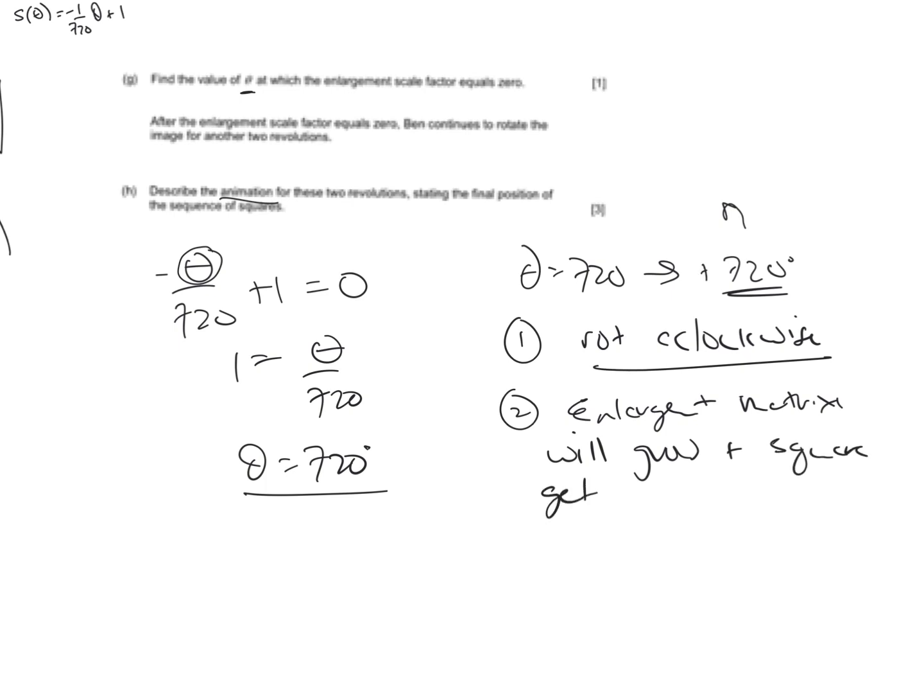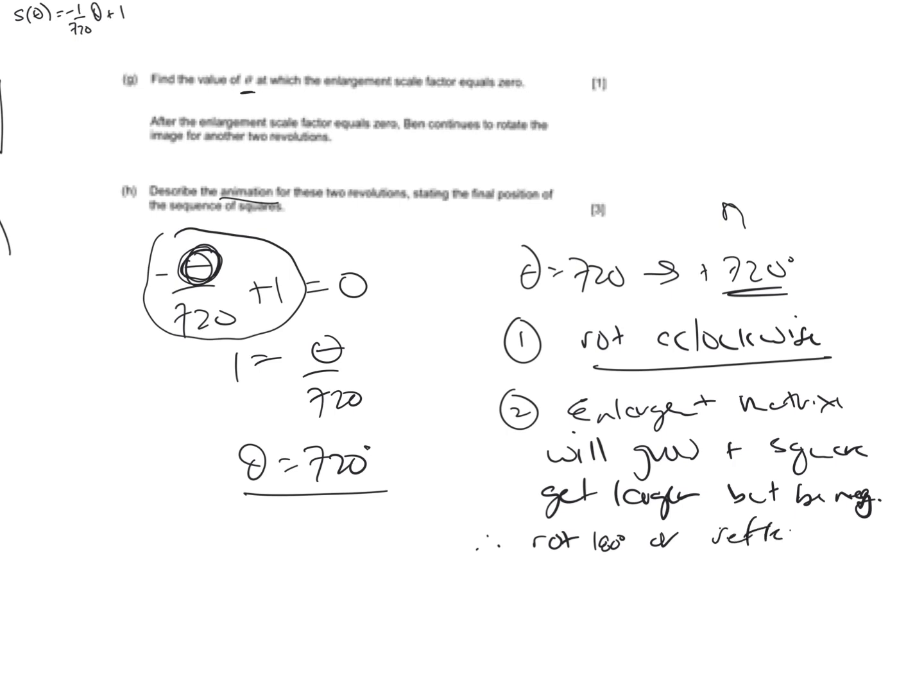Squares get larger. But, here's an important but, they're going to get larger because if this is over 720, this value is going to be negative. It's going to be a negative value, which means that it will be either rotated 180 degrees or reflected over the origin.